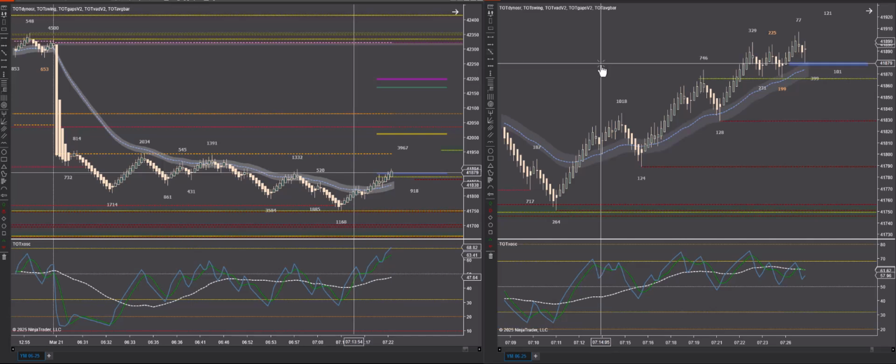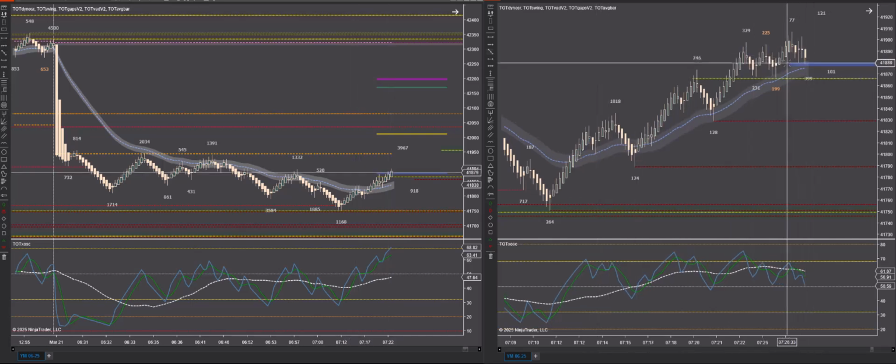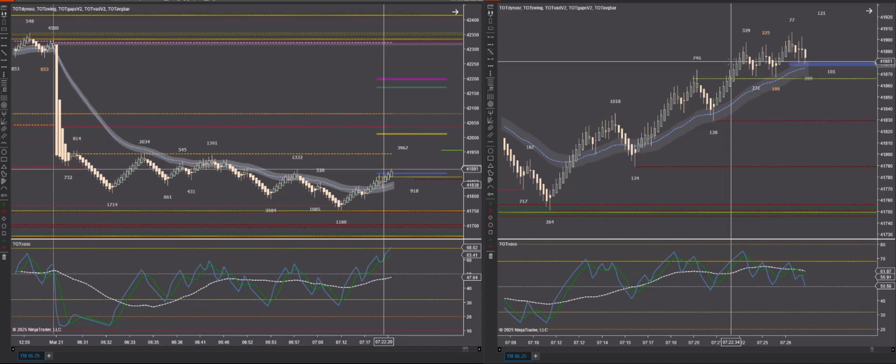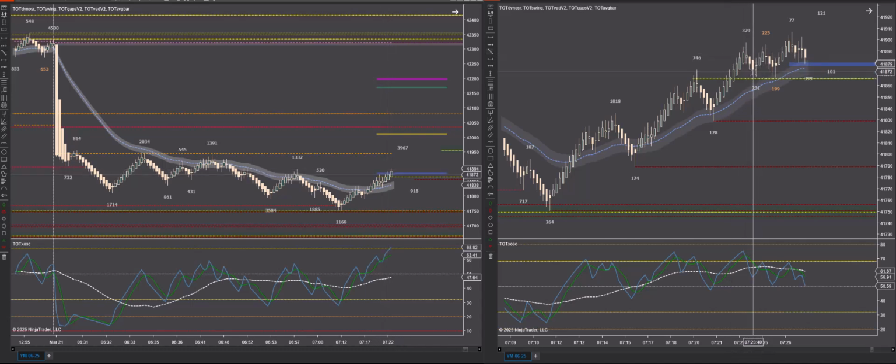It kind of grinded its way out here, going up. Any trade off of this gap here, here you get a double bottom, here you got a double top, but I would not try to trade back through a buy gap, no matter how small it is. I would wait.